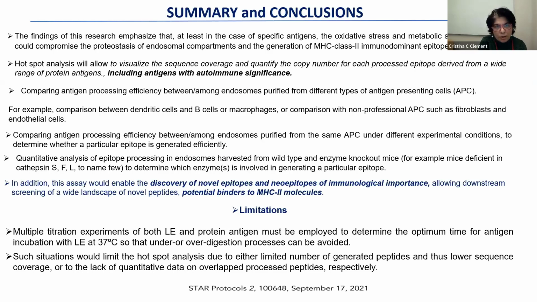You can discover new epitopes. You can also have different animal models knockout for different enzymes in the late endosomal compartment, and you can use this assay to identify the main epitopes derived from different enzymatic activity.